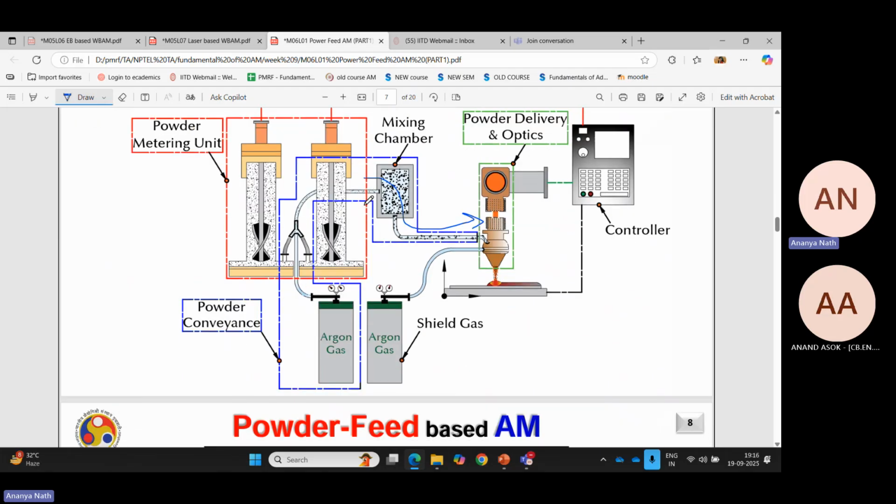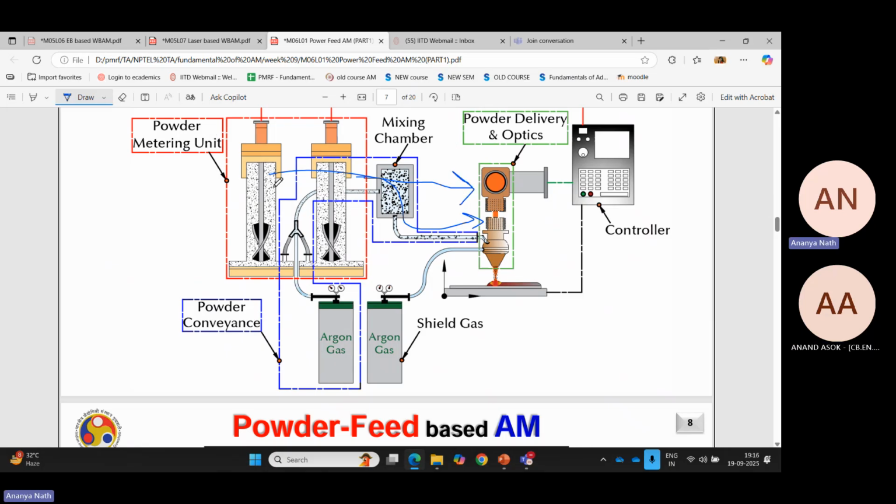Do these two chambers contain different types of powders? Yeah, it can. There can be two different powders, or there can be only one hopper with one powder. If you want to mix two powders and then print, then you use two hoppers with two different powders. Otherwise, it's also okay to pour the powder in one hopper and from there directly come to the deposition chamber.